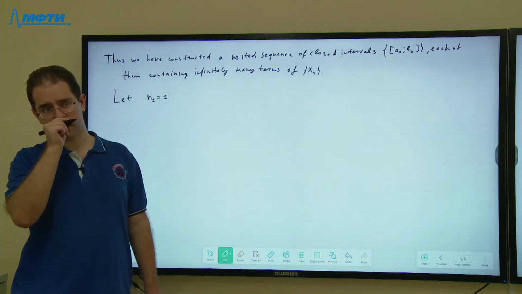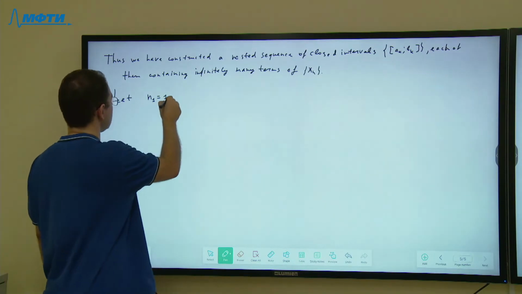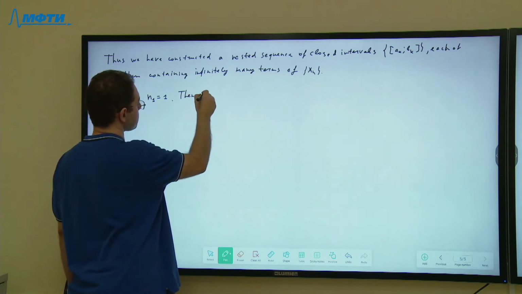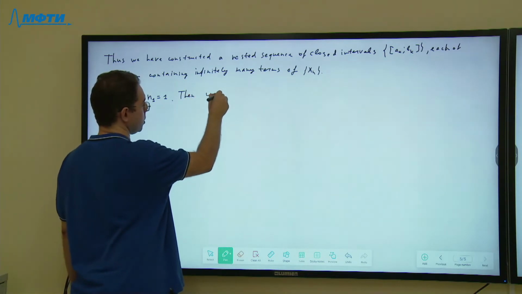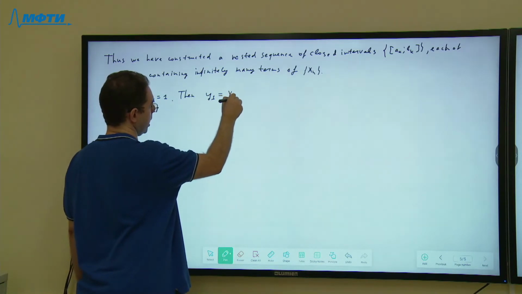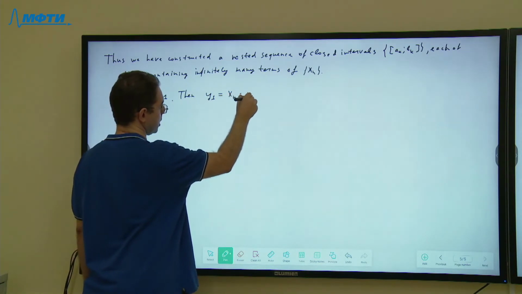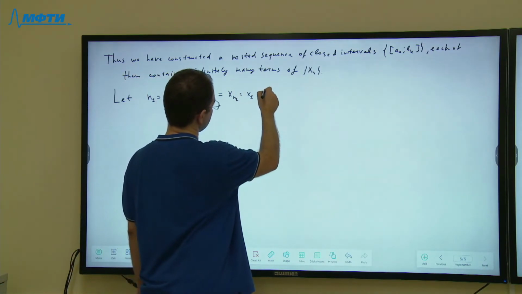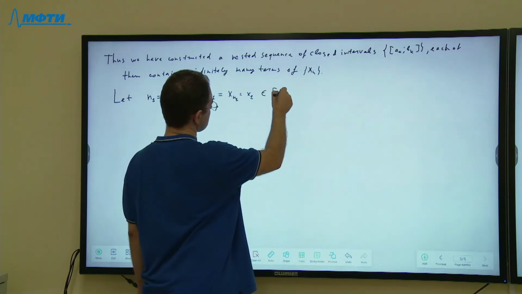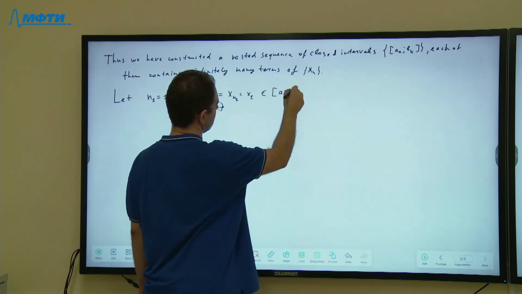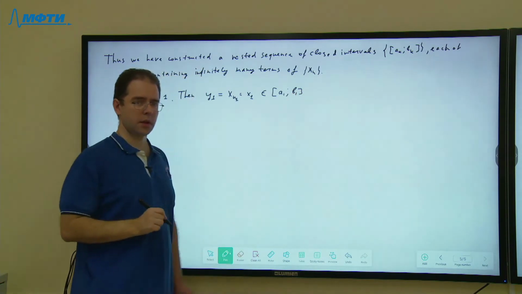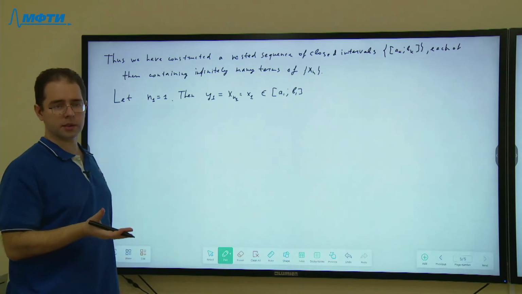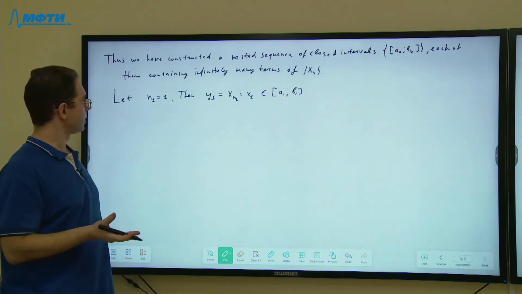Then we can see that y1, which is equal to x n1, which is equal to just x1, lays inside the first interval A1, B1. This is obvious because all of the terms of my sequence lay inside this interval. Can you see? Yeah, so this is obvious.